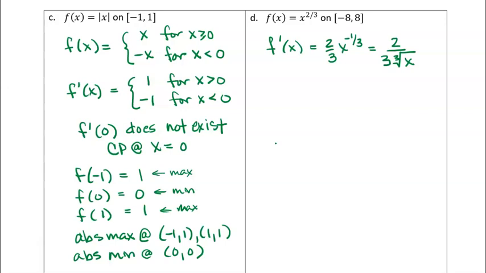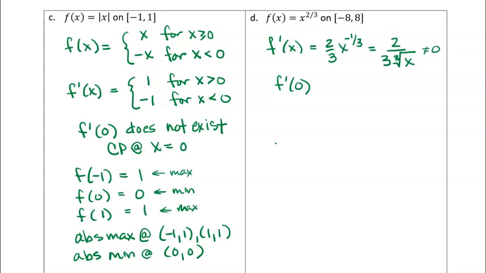Now, if I try to set that equal to 0, it's never equal to 0, right? Because there's nothing I can put in for x to make that 0. But there is a point that doesn't exist, right? If x equals 0, it would not be in the domain of this function, right? I can't divide by 0.